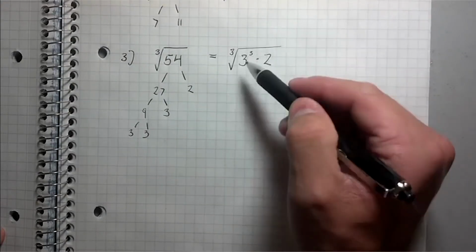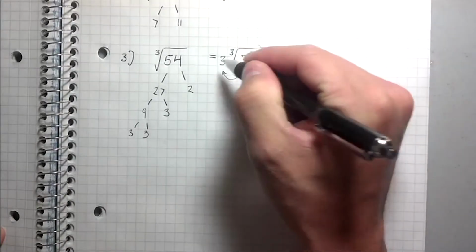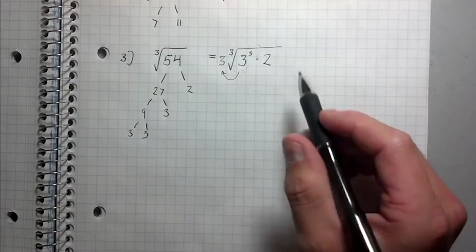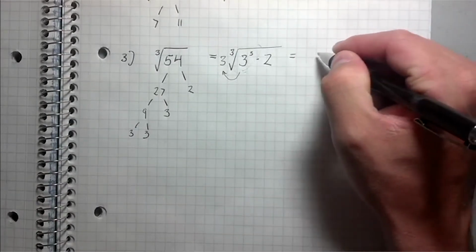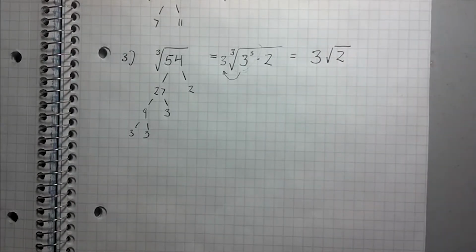So what that means is that this 3 cubed is going to come outside and just become a 3, because the cube root of 3 cubed is 3. So then I'm going to rewrite this as 3 root 2. Did you follow that? It's a little tricky.